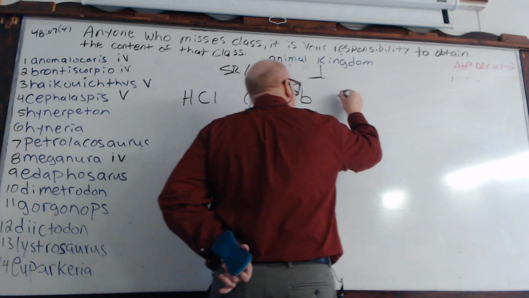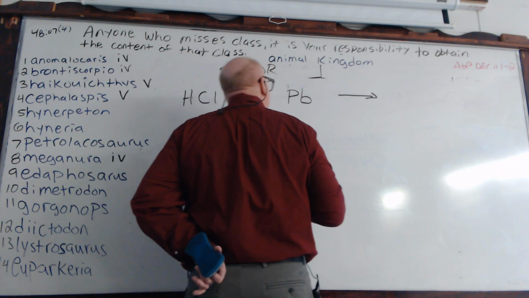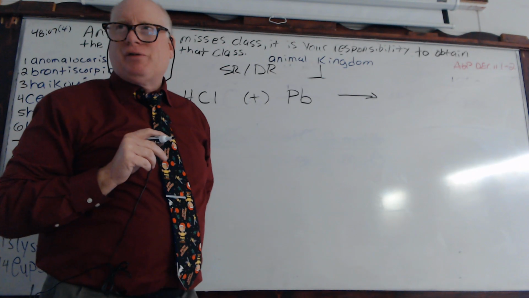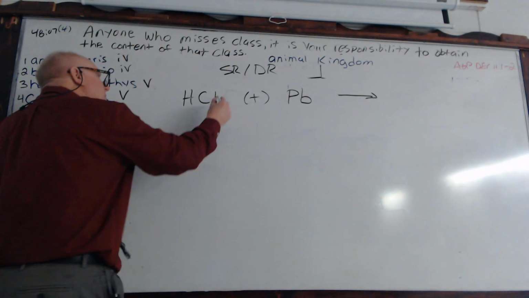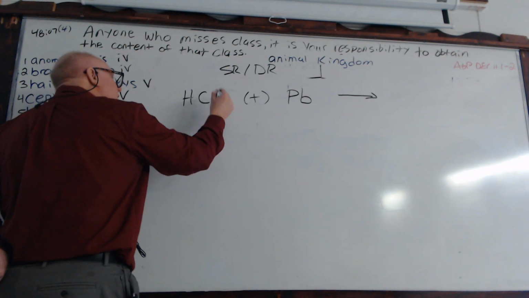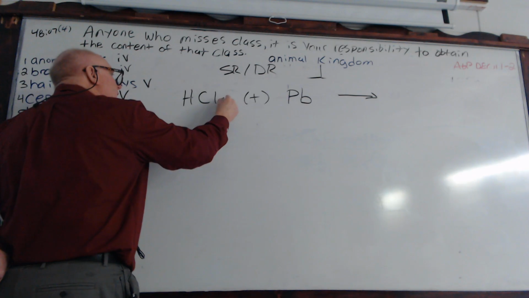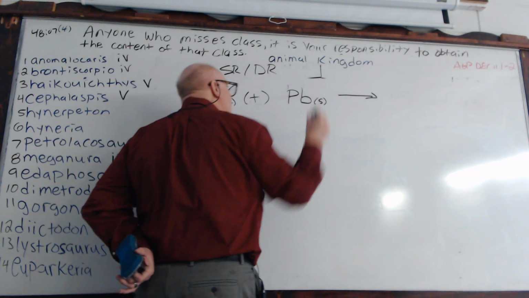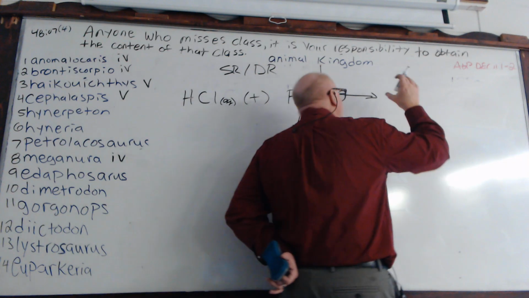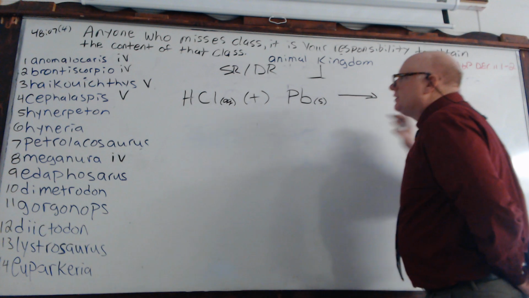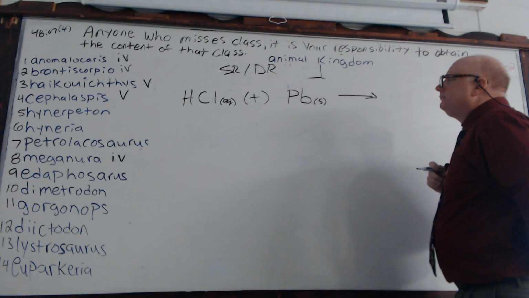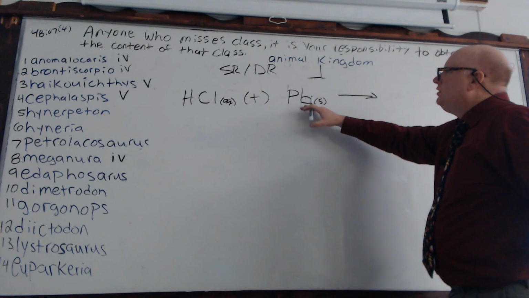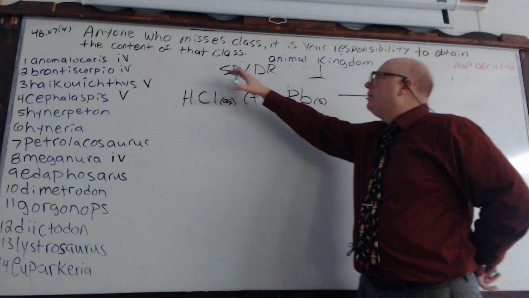This could also be a trick question, because we'll say that this is an aqueous solution. That would have to be given. This would be a solid. So in this reaction, what does this lead do, because you had picked a single replacement?